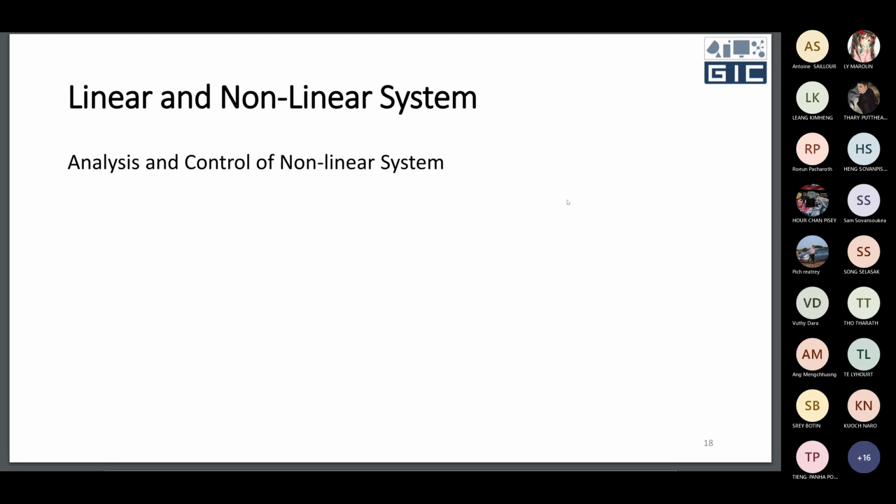For example, to produce my system, I must use one linear equation and one nonlinear equation. But if the effect of the nonlinear part is small, and only the linear behavior really affects the system, then my system is linear.